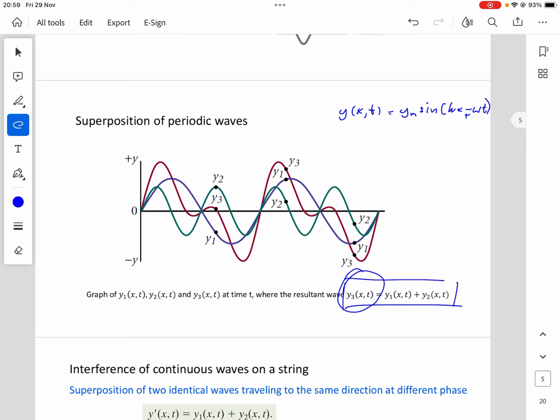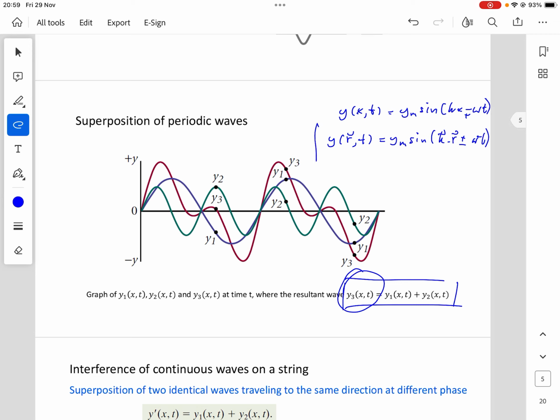In more than one dimension, you might write the wave function this way: y(r,t) equals y_m sin(k dot r plus or minus omega t), where k becomes a vector.